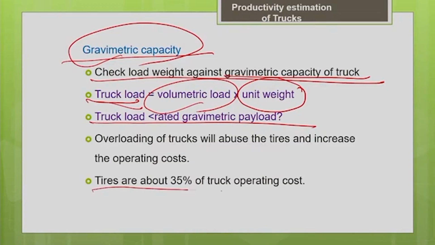Particularly your tires will flex and it will result in abuse of tires. You know that for most machines, the tire cost amounts to 35% of the truck operating cost. So if you overload the machine, it will result in abuse of tires and increase the tire cost significantly.